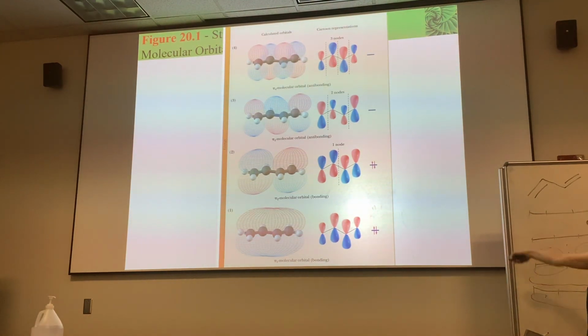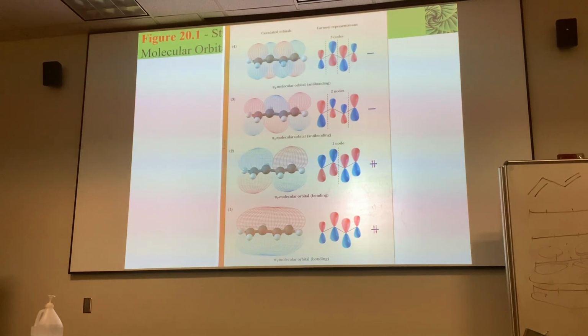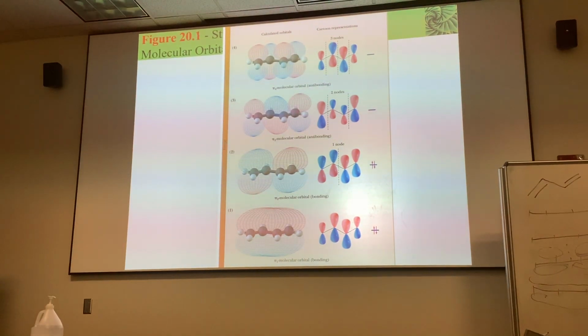So then we just fill them in, kind of like we did over here in this mess that doesn't need to live here anymore. So we fill them in, 2 down here, 2 here, and we have none left. So, cool. We filled up this bonding orbital and this bonding orbital, and we don't have other ones hanging out in non-bonding orbitals.